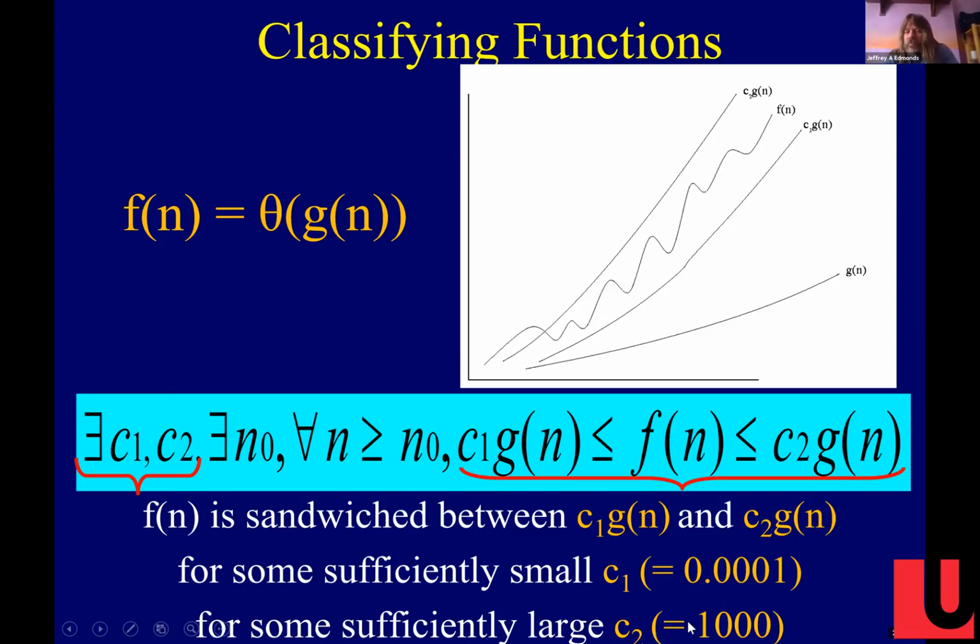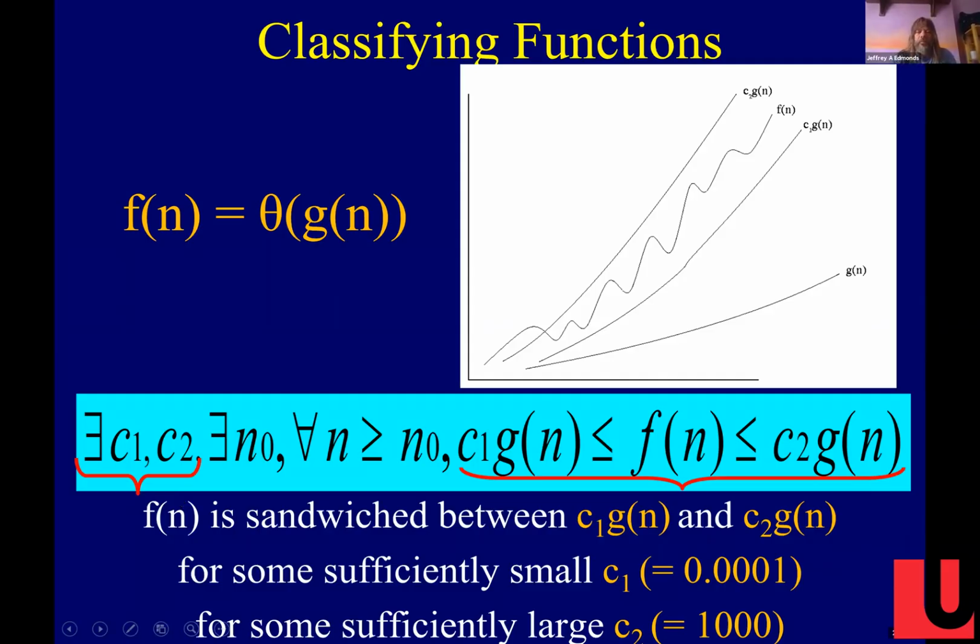And C2 could be a billion. That's a constant, it's finite. And so I'm going to say f is bounded by this. It's always bigger than this really little number times g, and always less than this really big number times g. So when I'm trying to say that f is theta of g, I get to choose what the constants are.